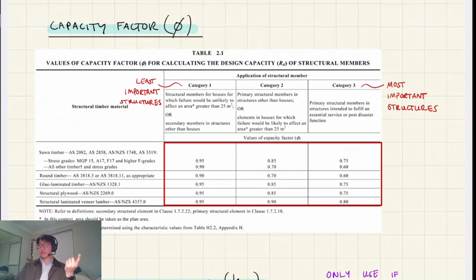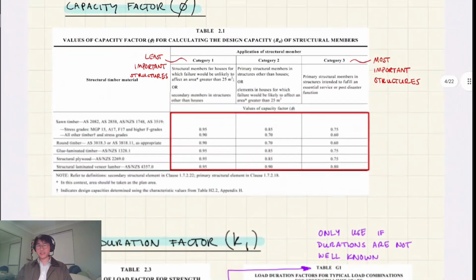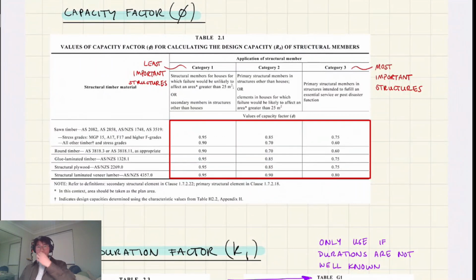So it's a little bit unusual. You might not have fully seen or heard of this kind of concept before. The other thing, which is what the different rows are, is the type of timber product that you're using, right? So sawn timber is your MGP and F-grades and stuff like that.